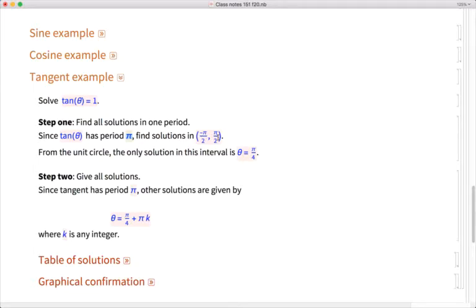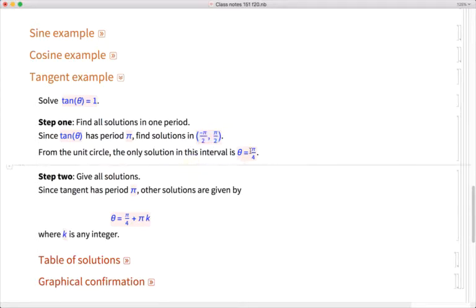The reason that we don't do that is that pi over 2 is not in the domain for the tangent function. Because cosine is equal to 0 at pi over 2, the tangent winds up being undefined there. So this is the most common interval to look for solutions to a tangent equation.